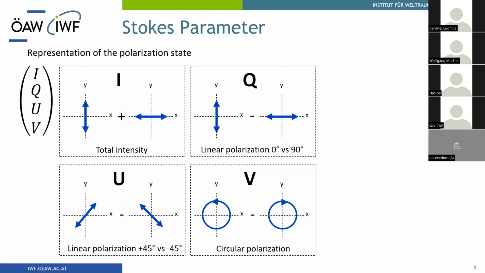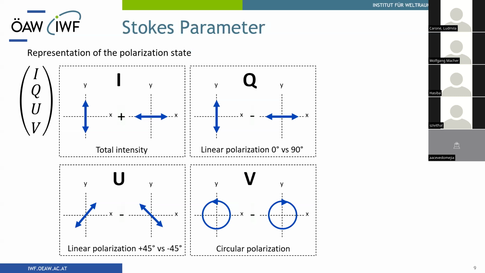This is represented with the Stokes vector. It's 4 quantities: I, Q, U, and V. I is the full intensity, the vertical plus horizontal, so it's the total intensity of the light. But Q and U measure the degree of linear polarization. Q is the amount at 0 degrees minus at 90 degrees, and U is the same at 45 degrees.